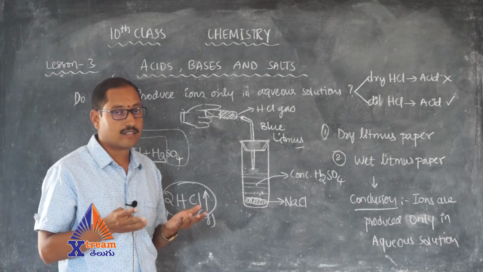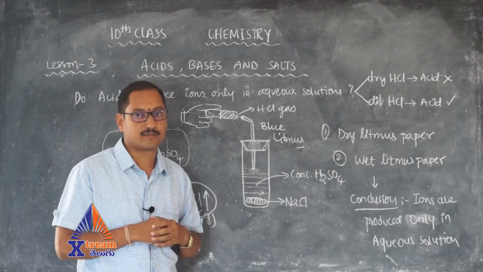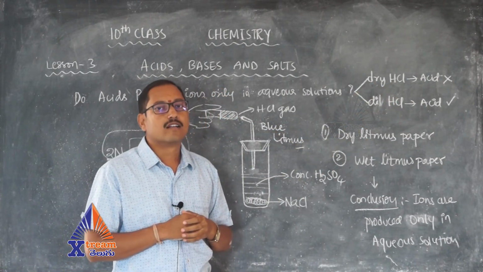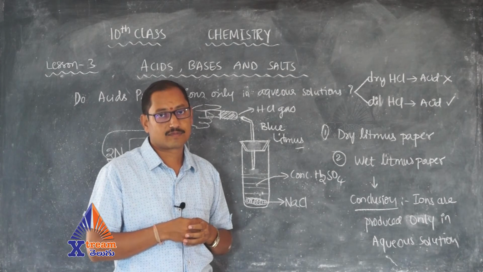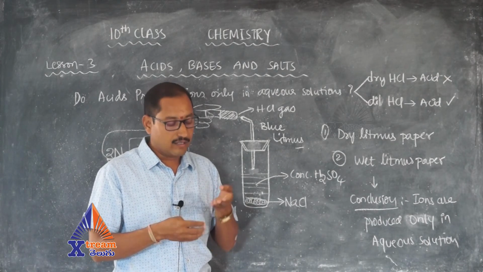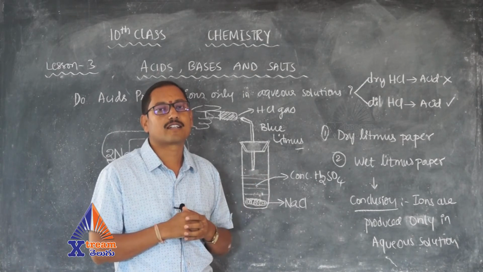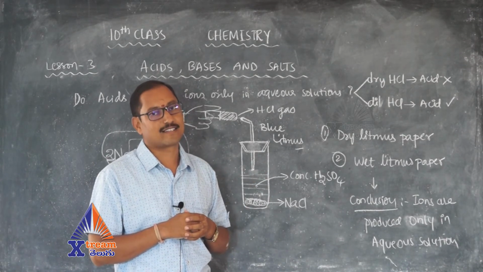Otherwise, the first one is also HCl only, that is dry HCl gas. The dry HCl gas, in coming in contact with a dry litmus paper, is not exhibiting any property of acid.